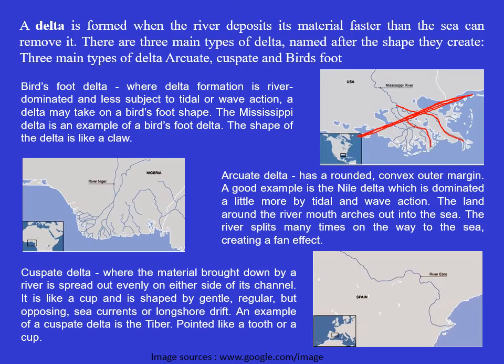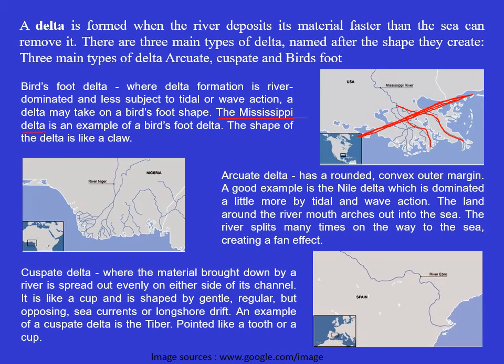Thereby the river water deposits the sediments within those narrow confined areas. So ultimately they look like the fingers of a bird foot. That is why this type of delta is known as bird foot delta. The famous example of a bird foot like delta is the Mississippi delta.